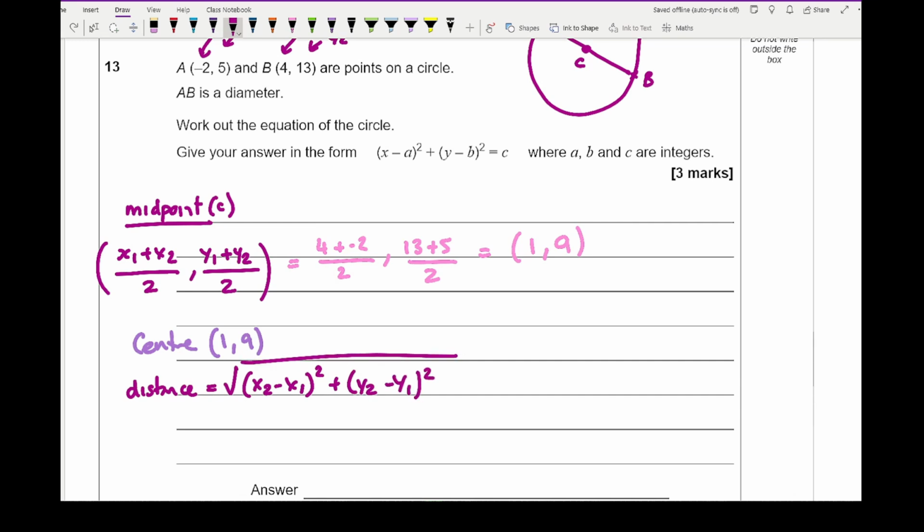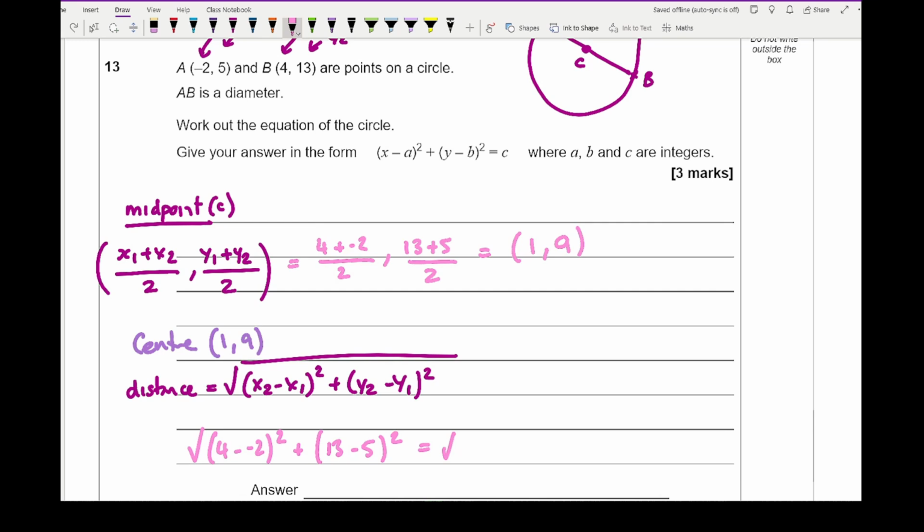So using this formula, substituting those coordinates in, I get the square root of the difference between the two x ordinates. That's 4 minus minus 2 squared plus y2, which is 13 minus 5 squared. If I simplify all of that, 4 minus minus 2 is 6.